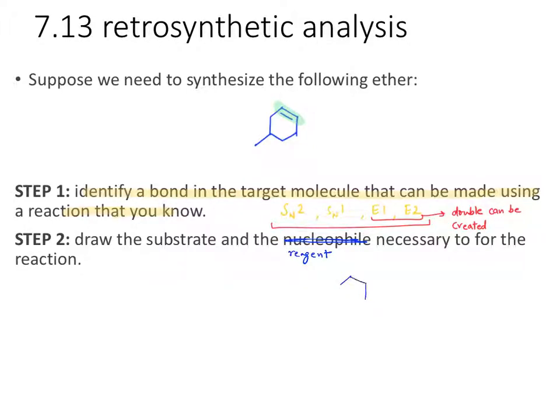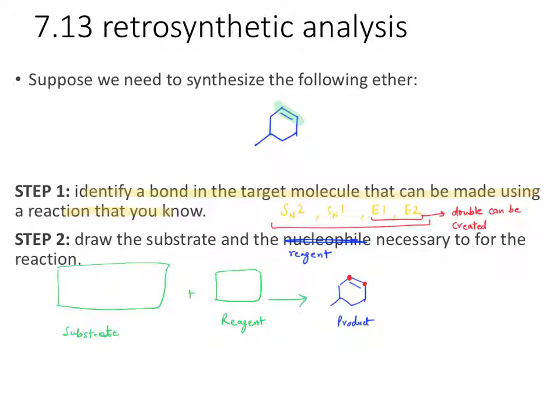So we are going to draw the product here, and we are going to draw the structure of this substrate here, maybe in this box, and the reagent over here. So notice that the double bond is being generated between these two carbon atoms.